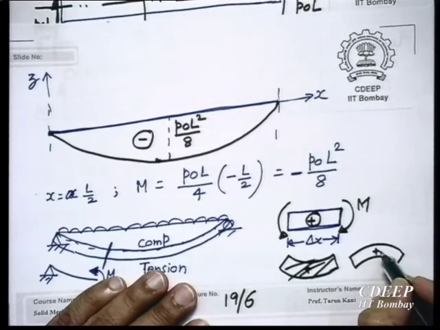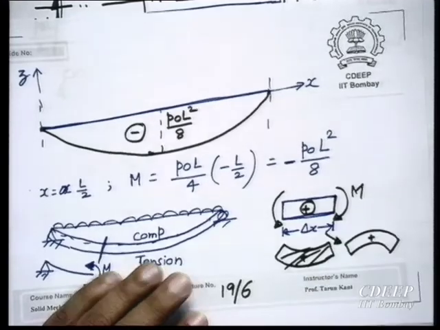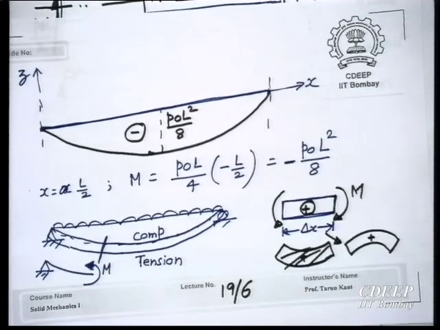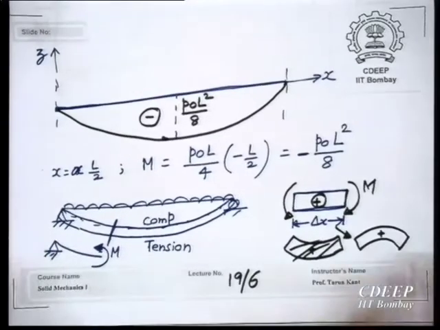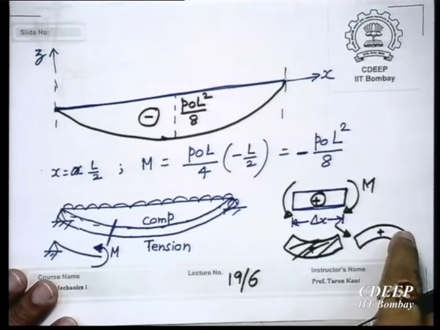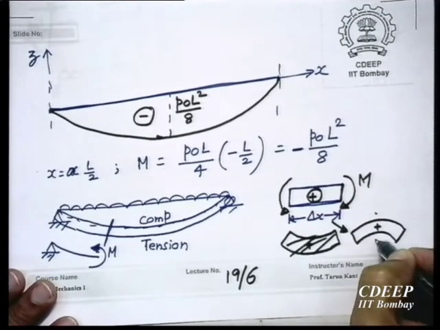Yes, so this is positive. So the action is this. While in the given problem it is just the reverse. The beam deflects like this, and therefore instead of convex, which one is convex? This is convex, this is concave.